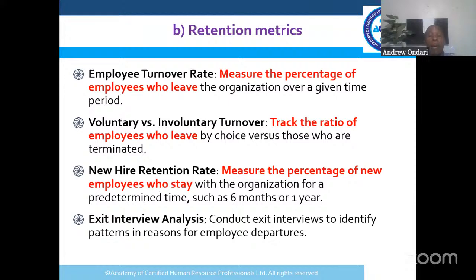We should endeavor to retain these people. As I've indicated there, a good retention rate could be 6 months to 1 year for new hires. We want to put in place strategies to ensure that these new hires stay with the organization. The retention rate is the percentage of new employees who stay in the organization.